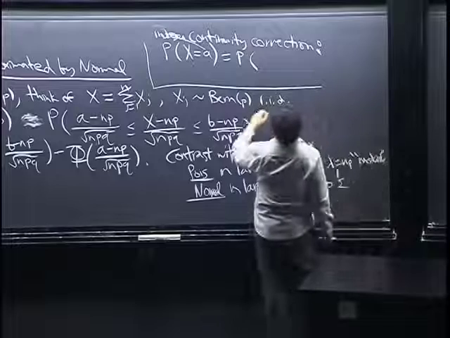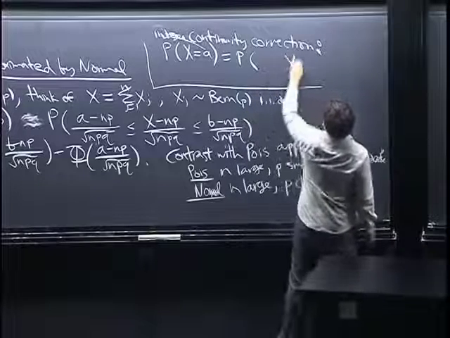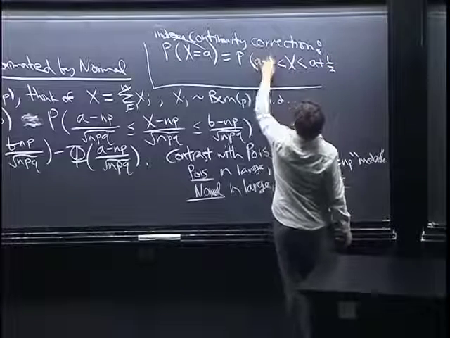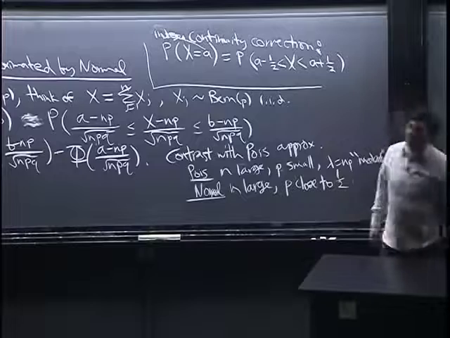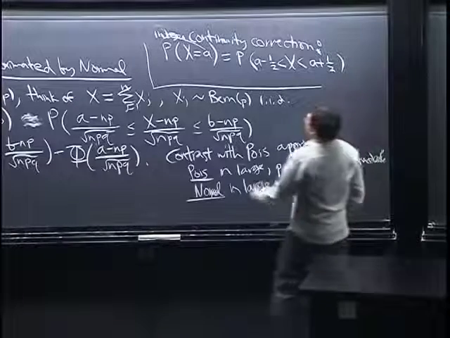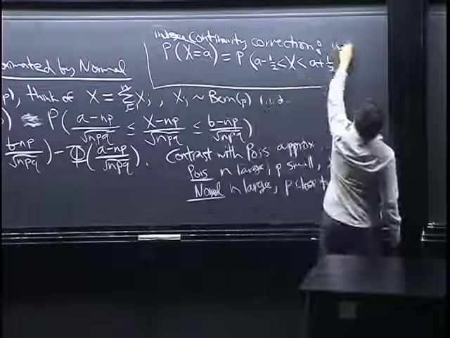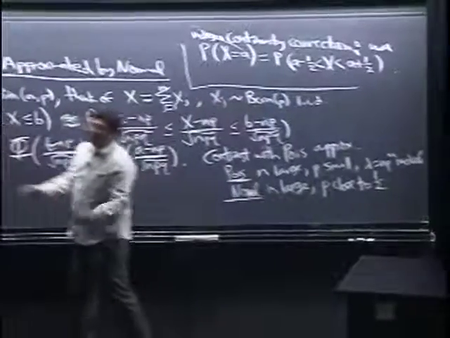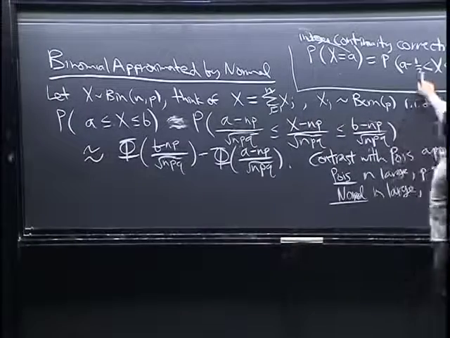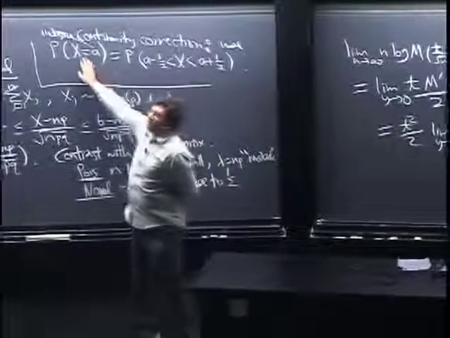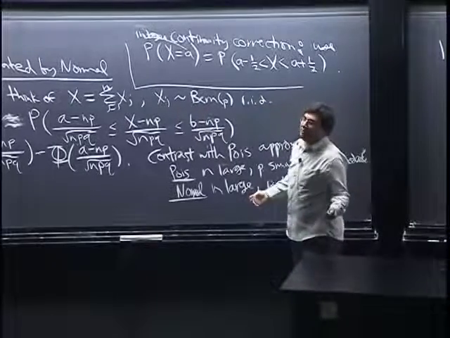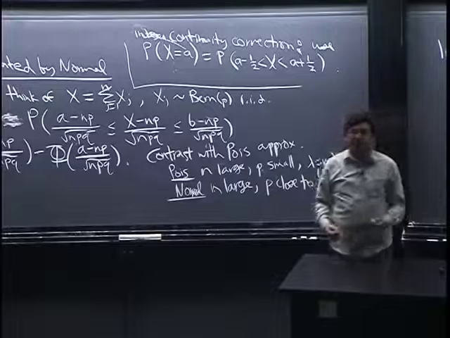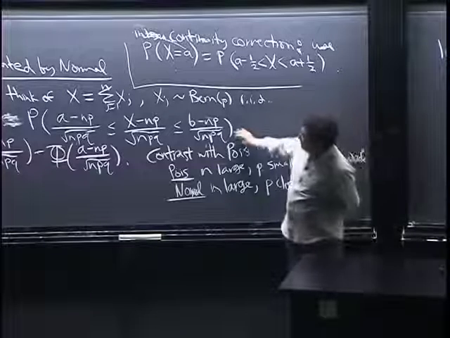Well, X equals a is the same thing as saying that X is between a minus 1/2 and a plus 1/2. So for each value in this range, replace it by an interval of length 1 centered there. That's exactly the same thing because X is an integer anyway. But here, at least we're giving it an interval to work with instead of just saying 0. So that improves this approximation.